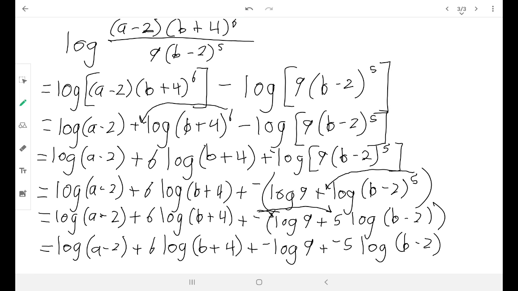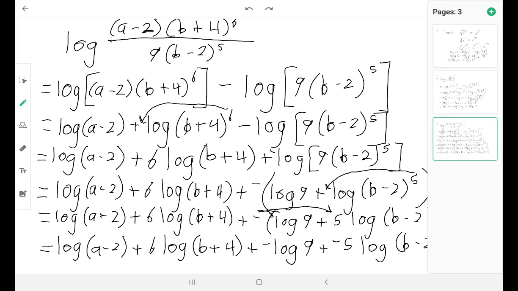And that is the full expansion. You could, of course, turn those plus negatives into minuses if you wanted to, but I think you guys know how to do that. So that is expanding them.